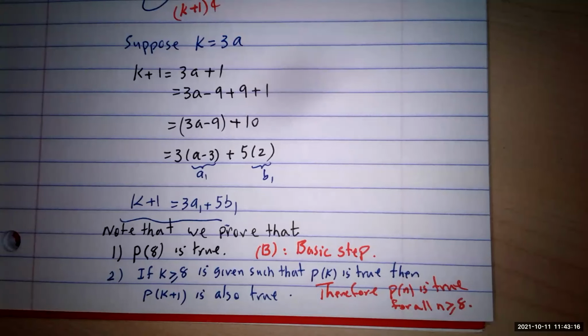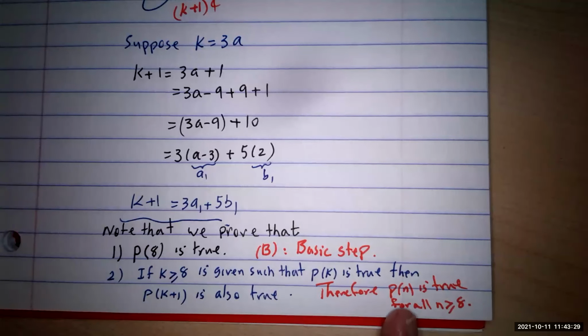So the procedure is, Pn is a property, a predicate that depends on n. You are going to define the Pn. In this case, Pn means n can be written as a combination of 3 and 5.